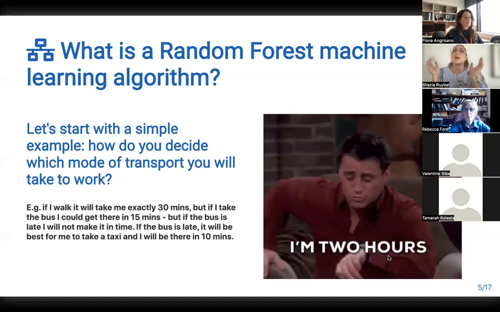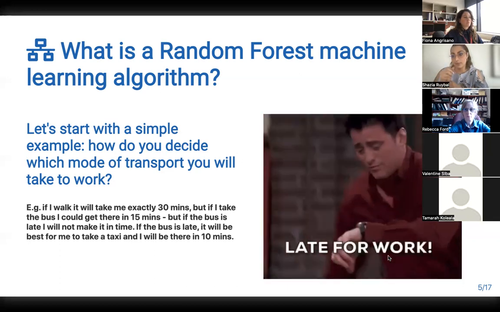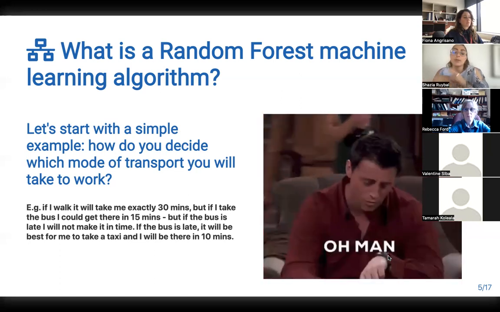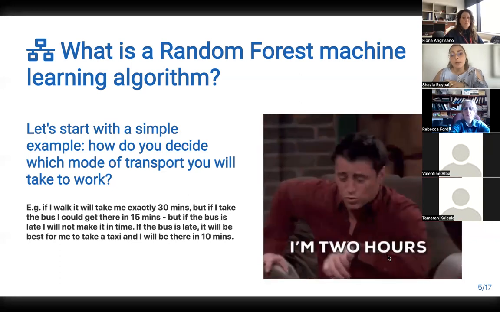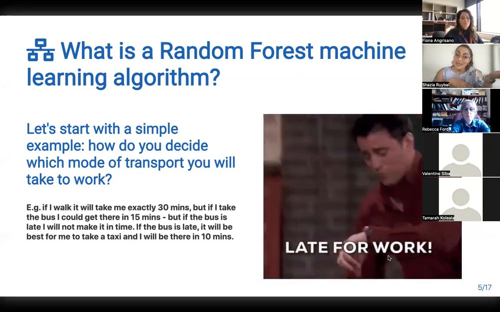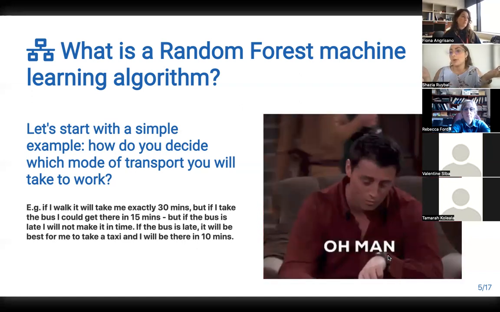Your thought process might be, okay, well, if I walk to work, it will take me exactly 30 minutes. I've done it before. I know the route. I know the pace that I walk, so it'll take me 30 minutes. If I take the bus, I could get there in 15 minutes. However, if the bus is late, I won't make it in time because it might take 45 minutes or an hour.